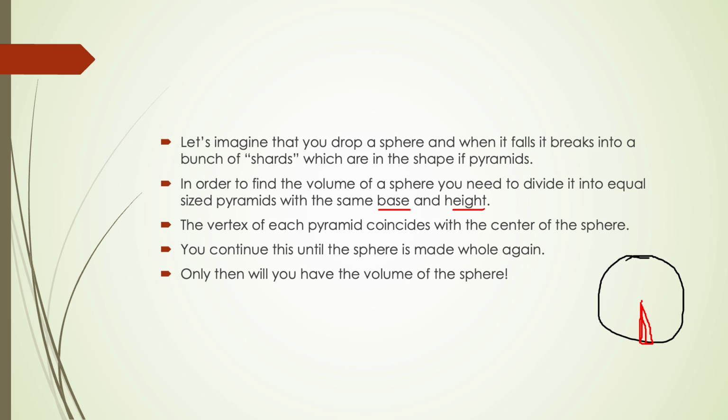And you're going to continue this pattern all the way through the sphere. Now these aren't perfectly sized, but just imagine that they are. And once this entire sphere is made whole again, so we're just going to fill it up with yuckiness here, you will have the volume of the sphere.